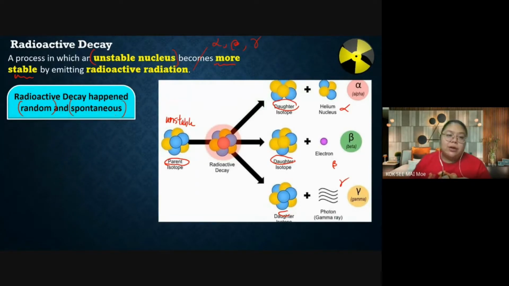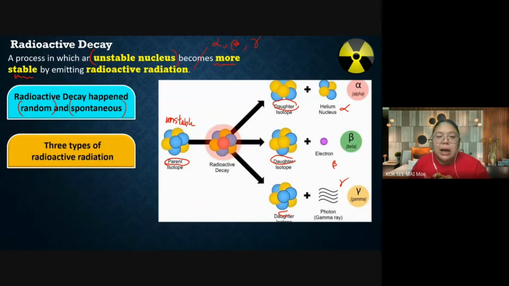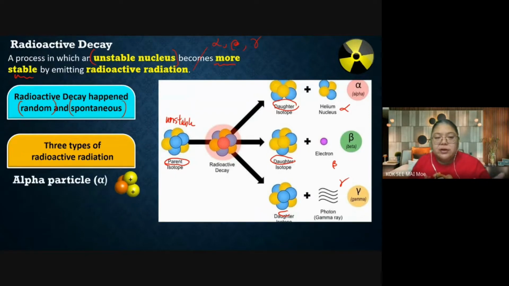Then number two, three types of radioactive radiation, as I just mentioned. First one we call alpha. The alpha particle you can call helium. Actually it is represented by helium, with nucleon number 4 and proton number 2. This is how I write the formula for the alpha particle. This is the symbol, the alpha symbol.